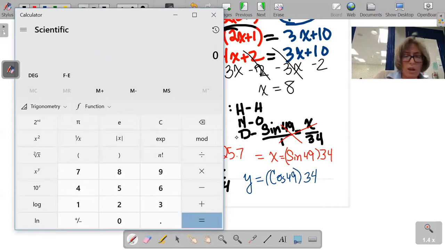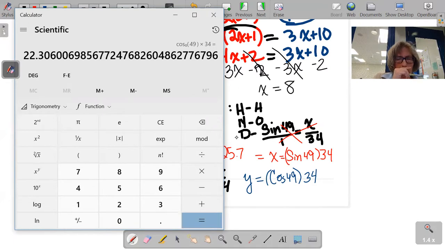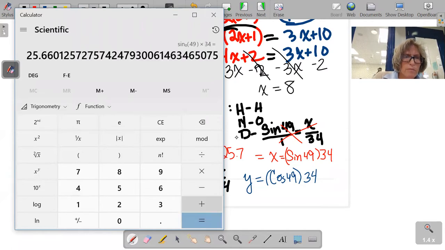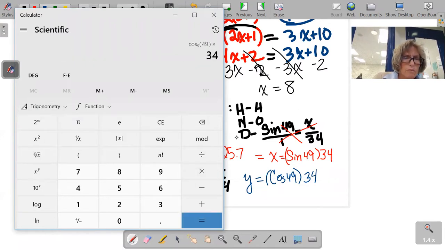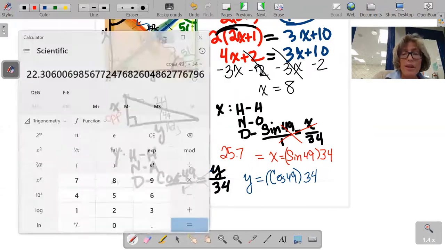And for Y, it's cosine 49 times 34. And we are getting 22.3.